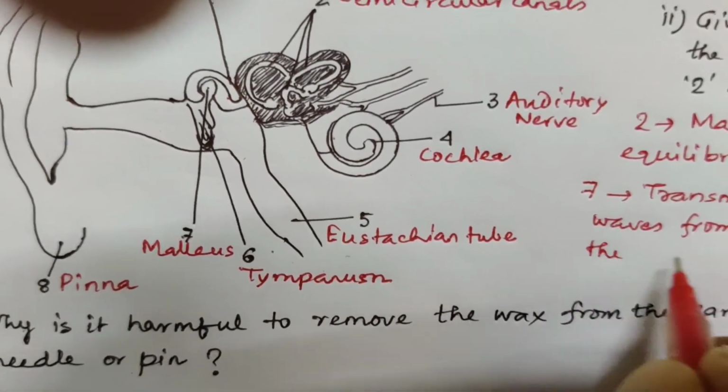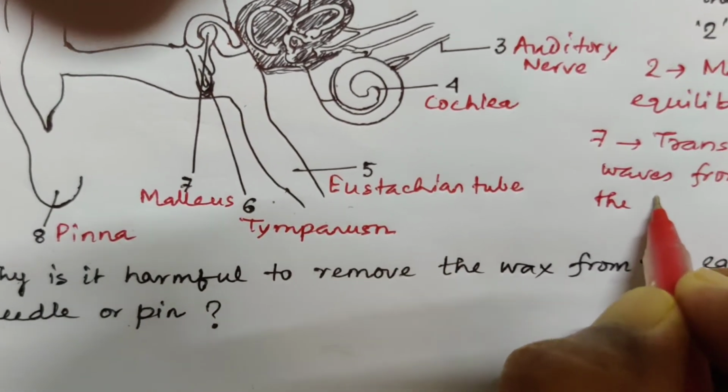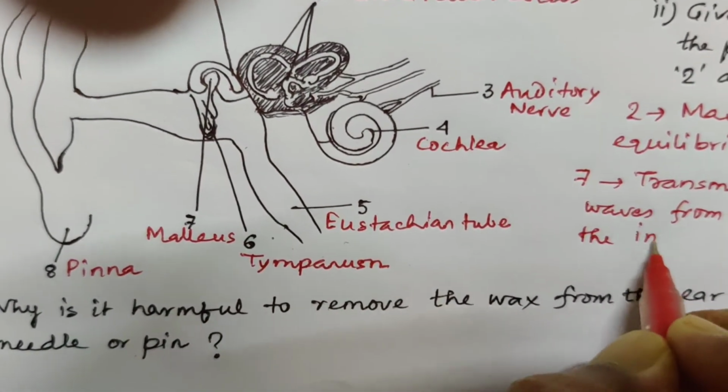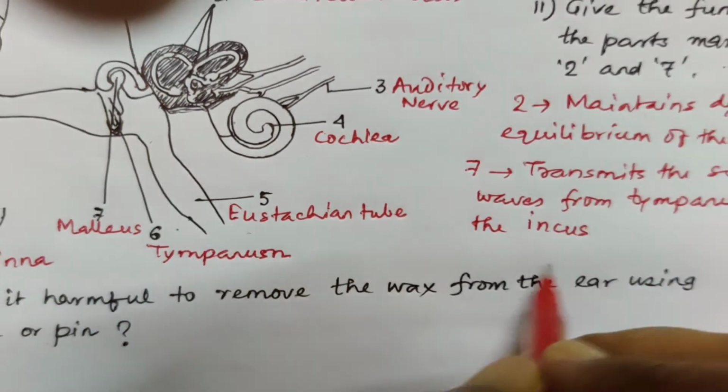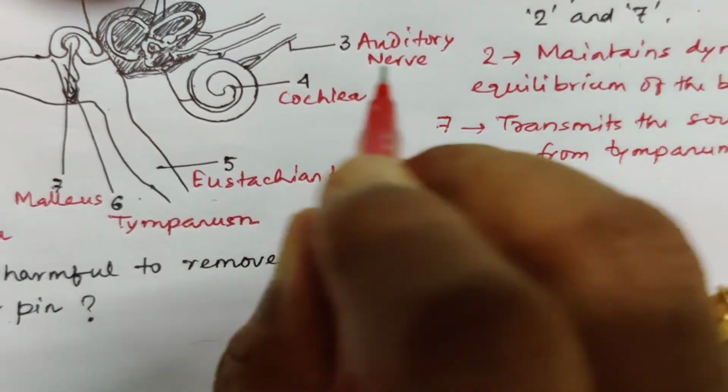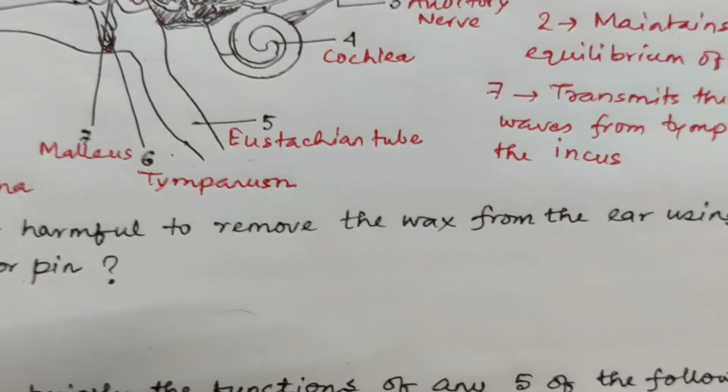The next bone is the incus, and from the incus it goes to the stapes, and that's the way the sound is propagated.